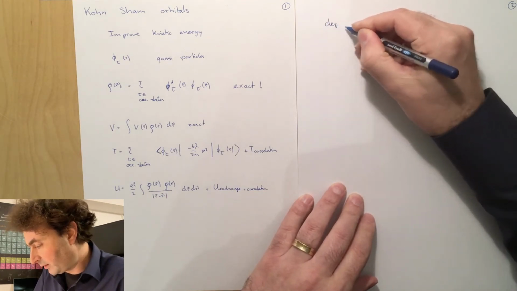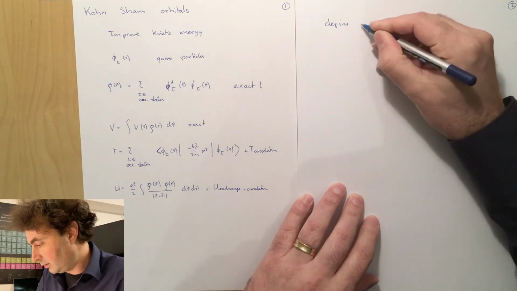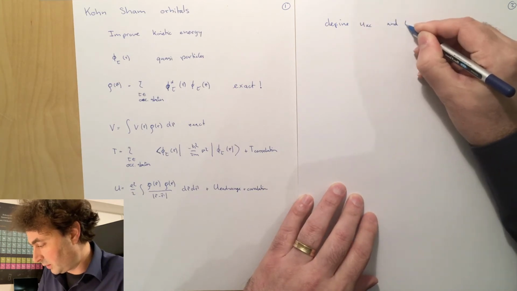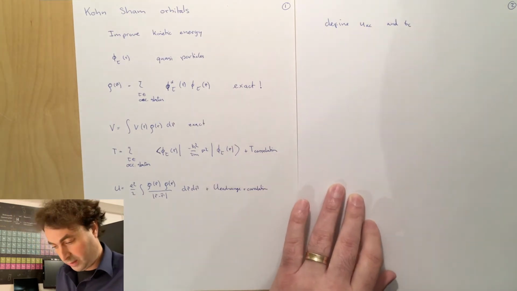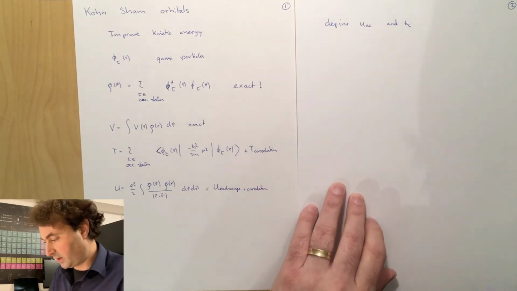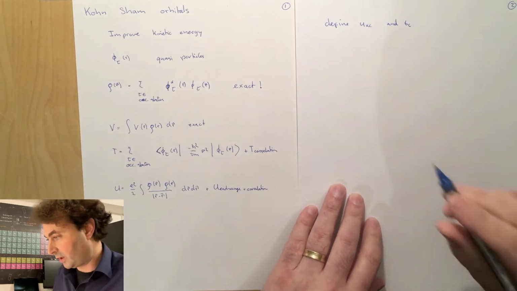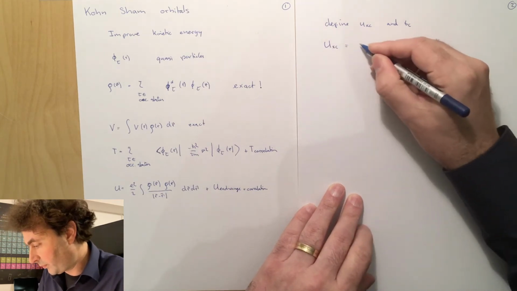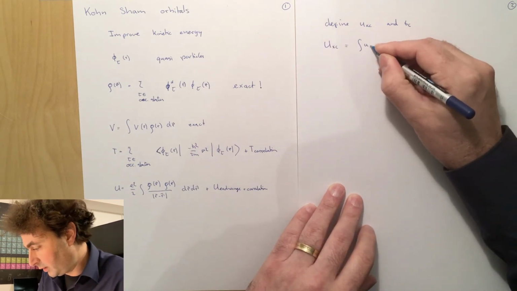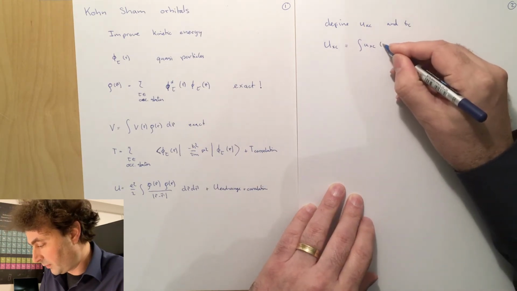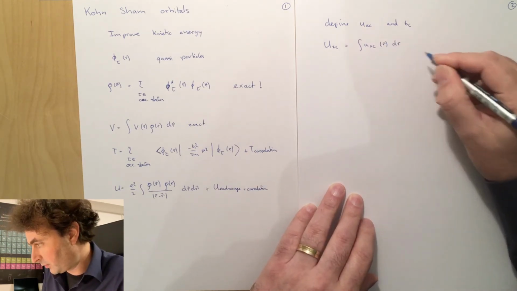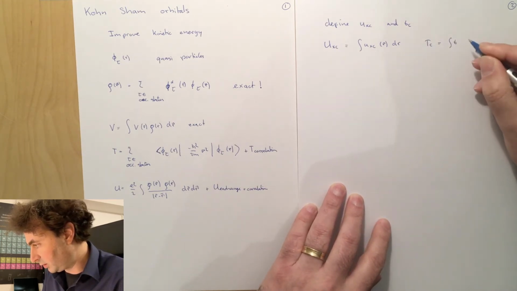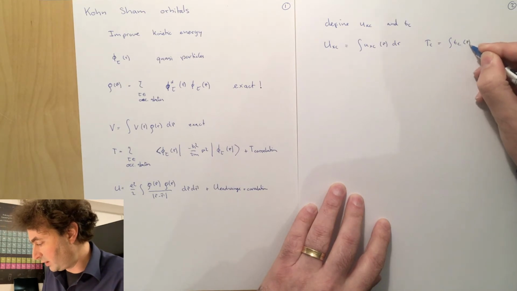So we're going to define the small u exchange correlation and small t correlation as the kinetic correlation energy density and the Coulomb exchange correlation energy density. Our full exchange correlation energy is given as the integral of the exchange correlation energy density, and the correlation energy for the kinetic energy is given as an integral over the correlation energy density.